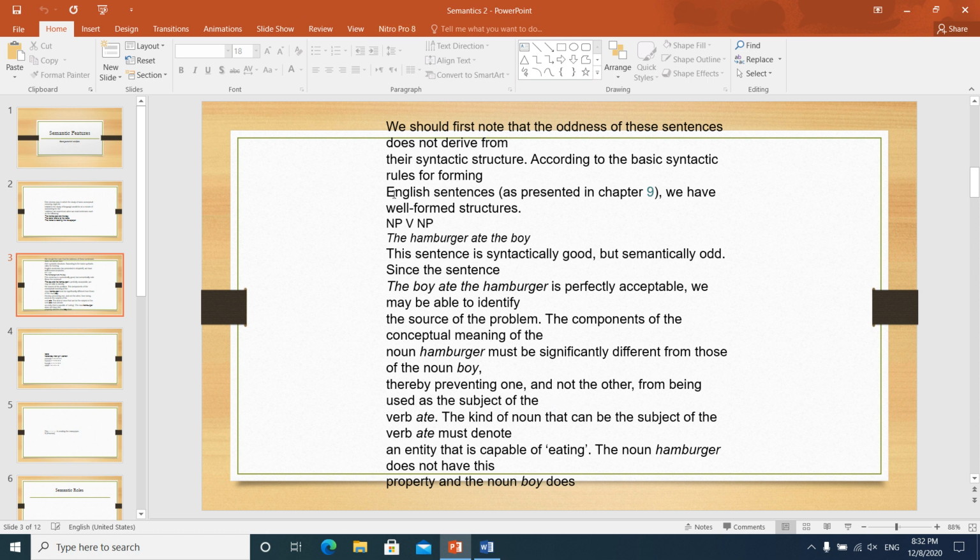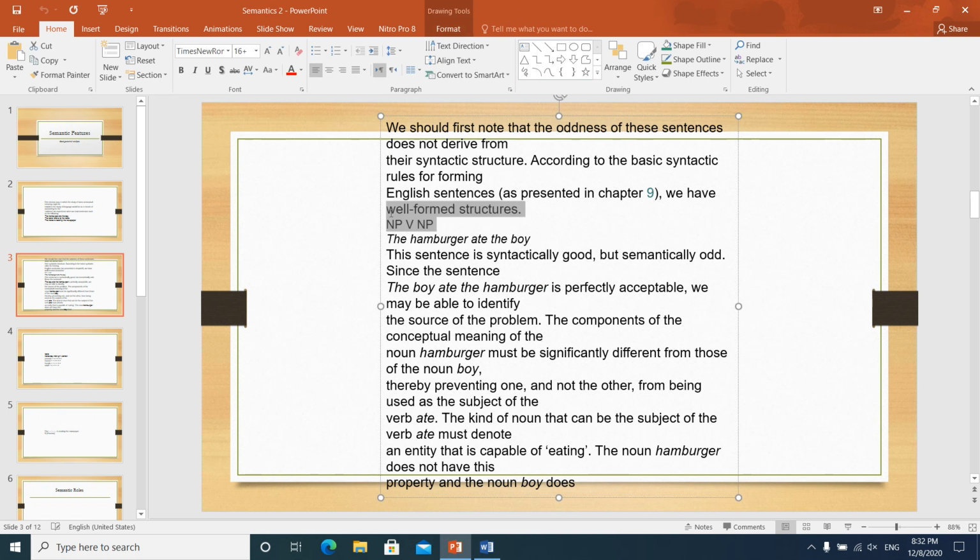A very famous English structure is this one: noun phrase, verb, noun phrase. We can use this structure to make thousands of sentences. And because of this, we can generate a sentence like the hamburger ate the boy, or the boy kicked the ball.